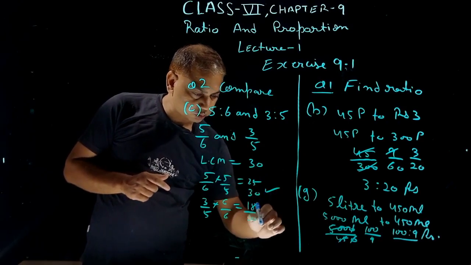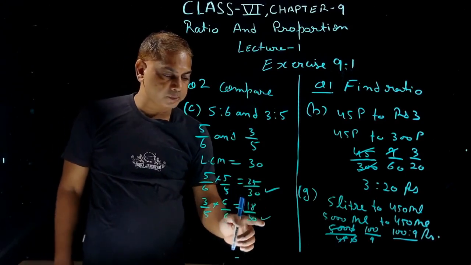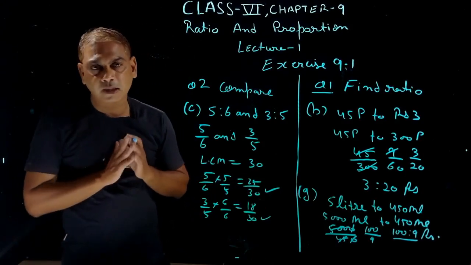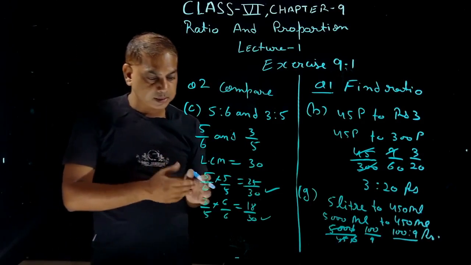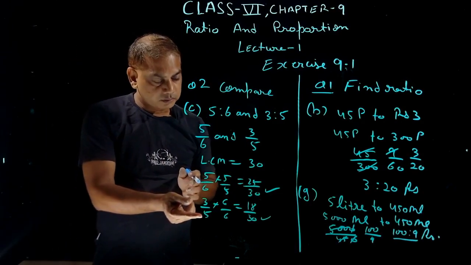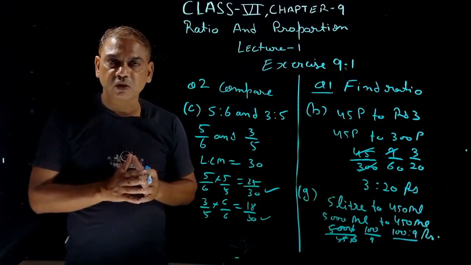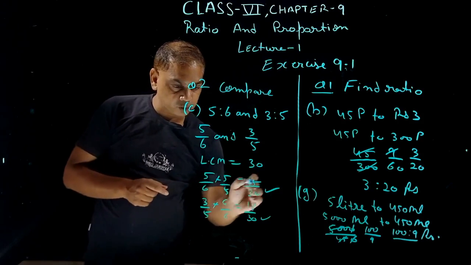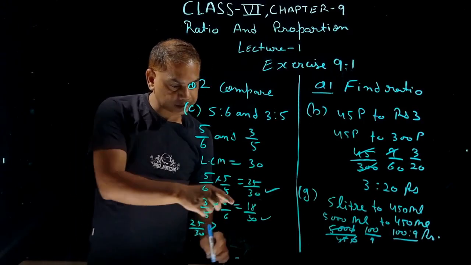Now both of them become like fractions. Okay, 25 upon 30 and 18 upon 30. And you know that when the denominators are equal, when they are like fractions, then a fraction with bigger numerator is bigger. So 25 upon 30 is greater than 18 upon 30.